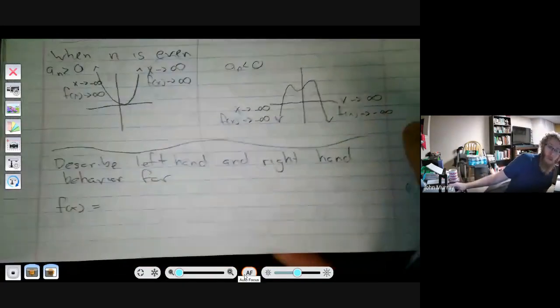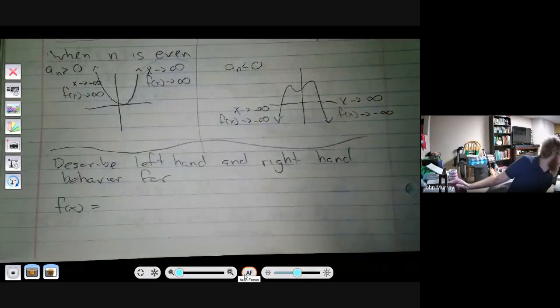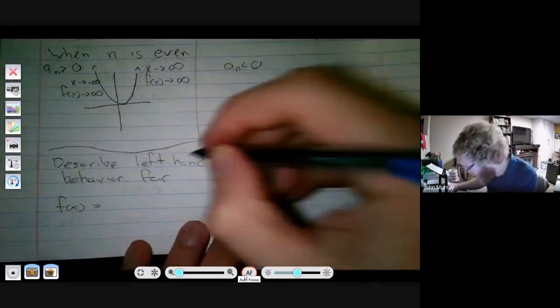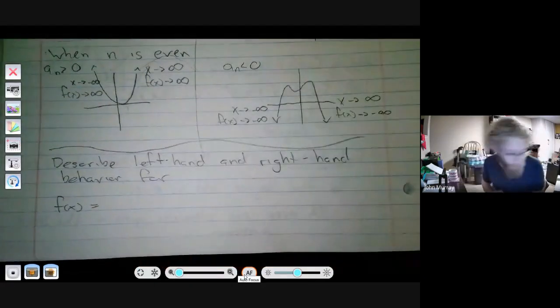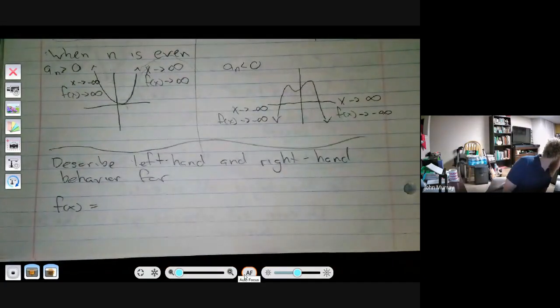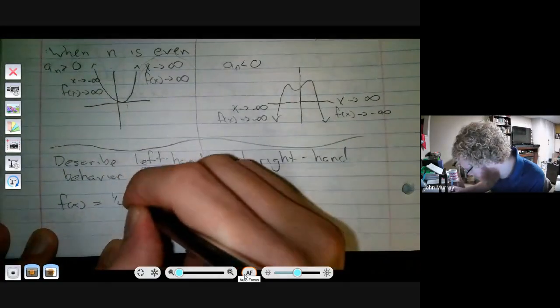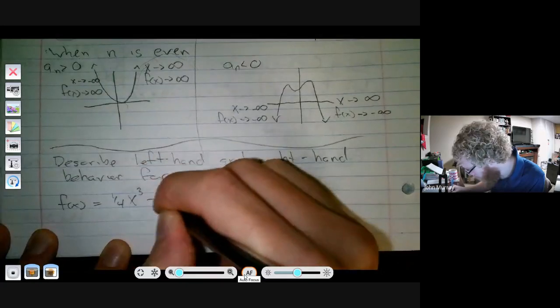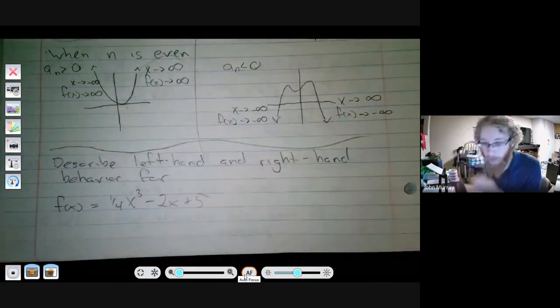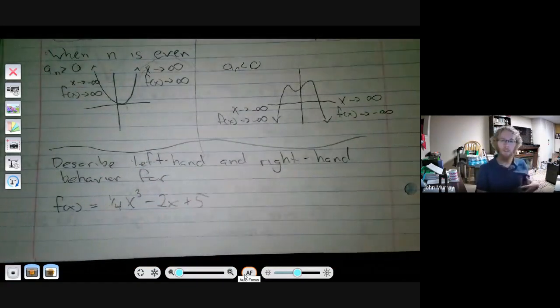All right, so another way they might say it is to describe the left and right hand behavior. And then they'll give you the function.